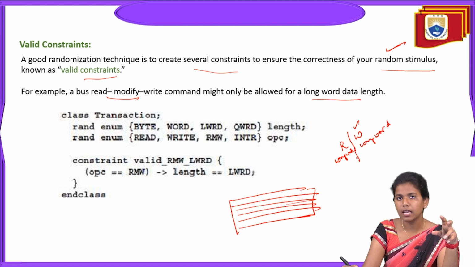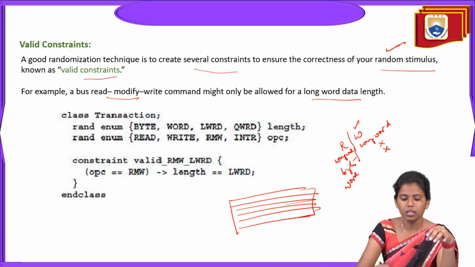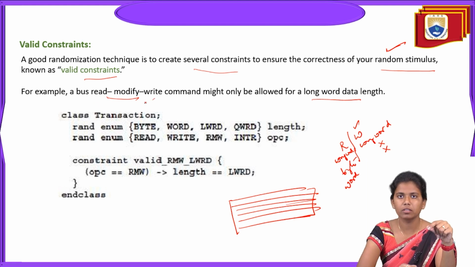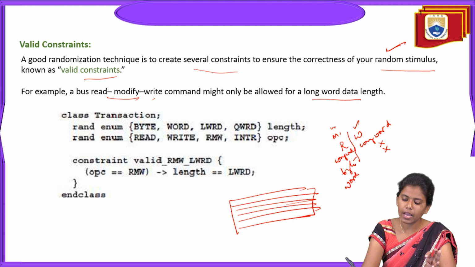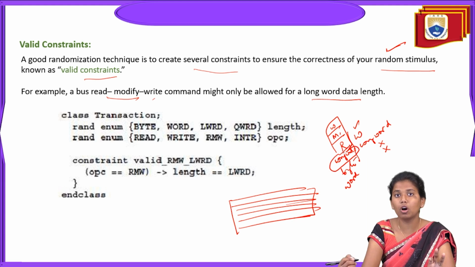The bus can also read byte and word, but it cannot write byte or word. So the three commands, read, modify and write, are allowed only for the long word data length.